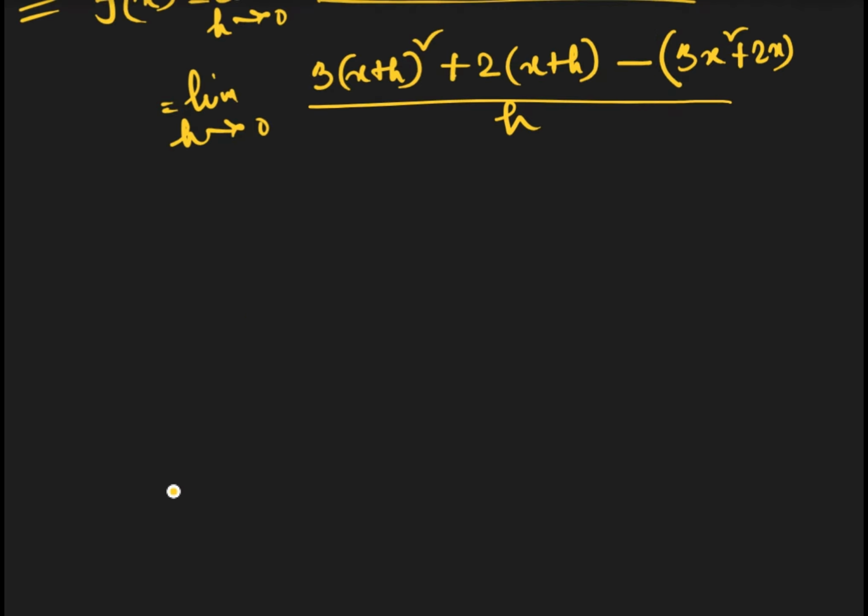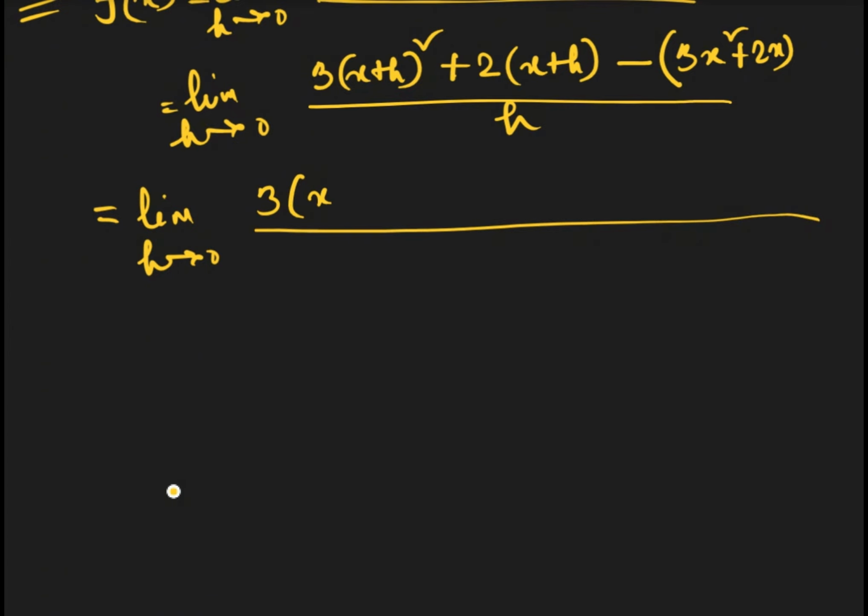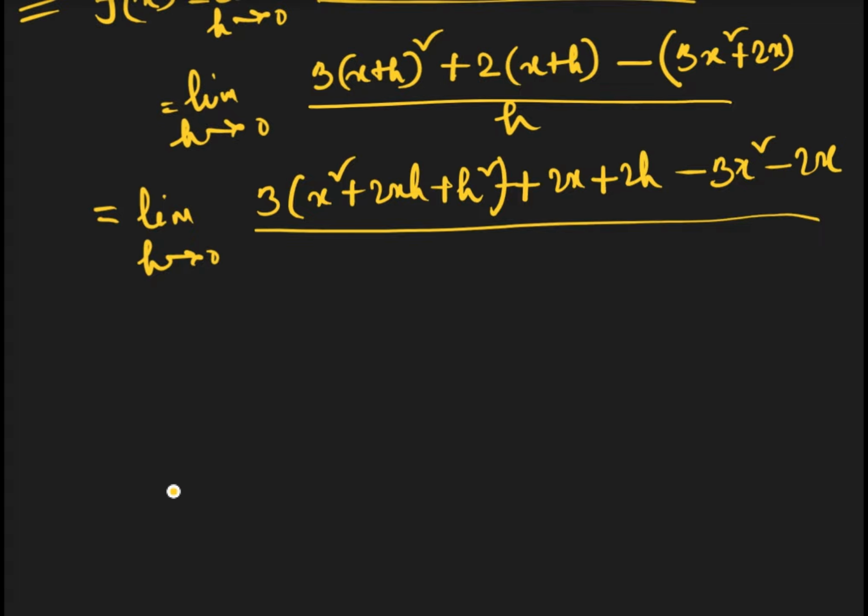So the following line will be limit h tends to 0, 1 by h, and the basic algebraic formula a plus b whole square: x square plus 2xh plus h square, bracket close, then plus 2x plus 2h minus 3x square minus 2x, right?